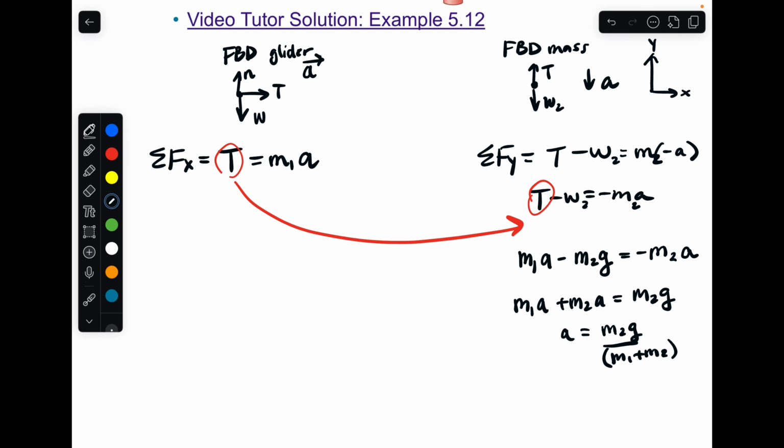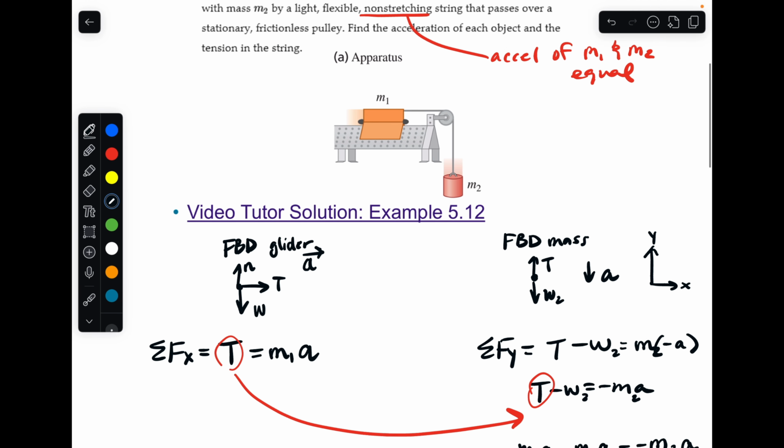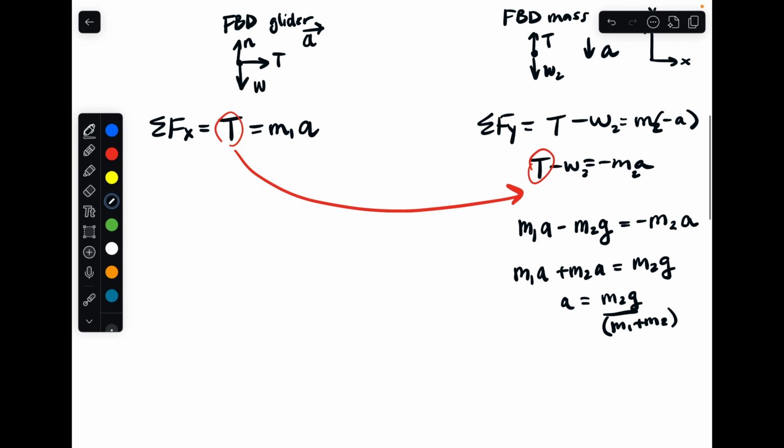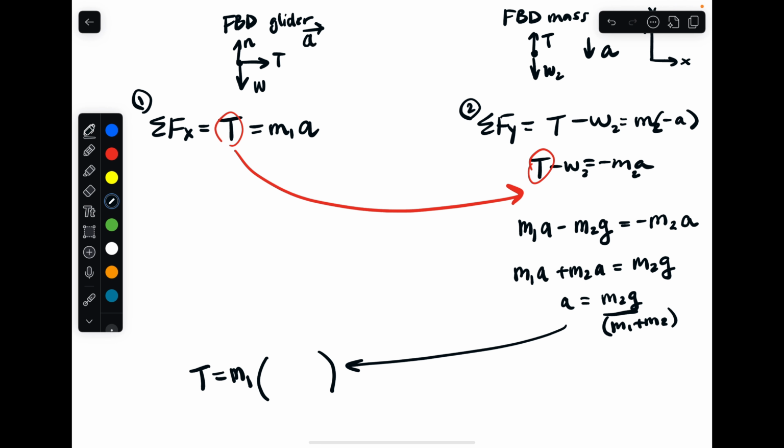And to determine the tension in the string, we can take the knowledge of the acceleration and plug that into equation 1. So we can take A and plug it into equation 1 to solve for the tension, which is M1 times this big guy.